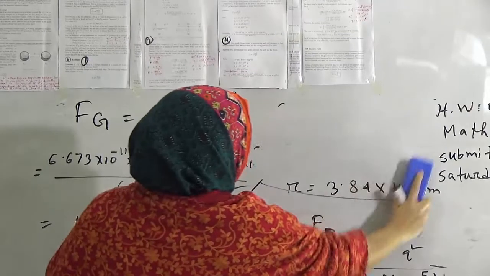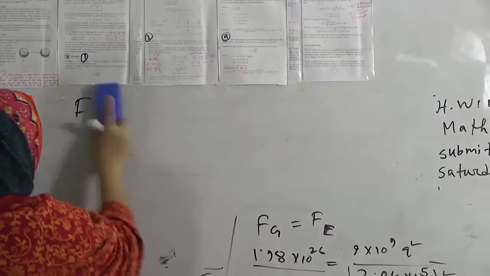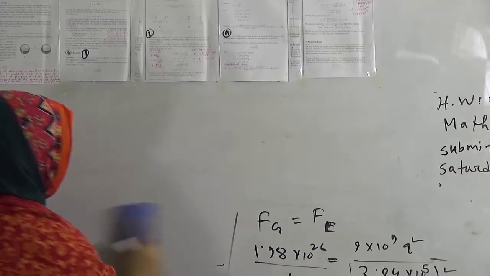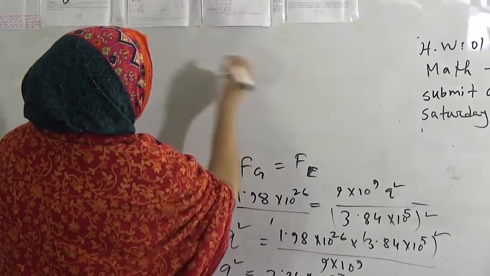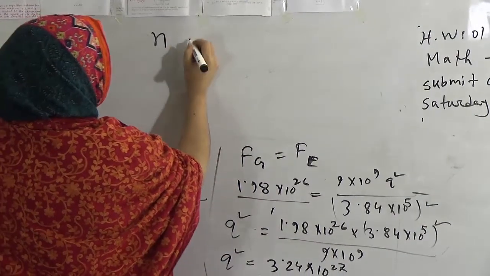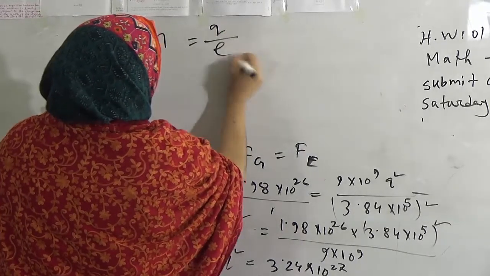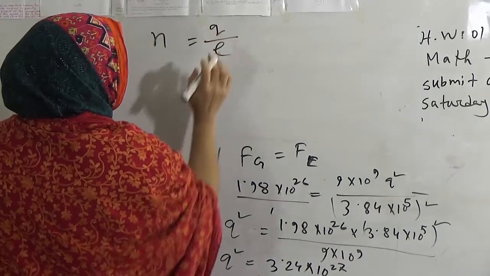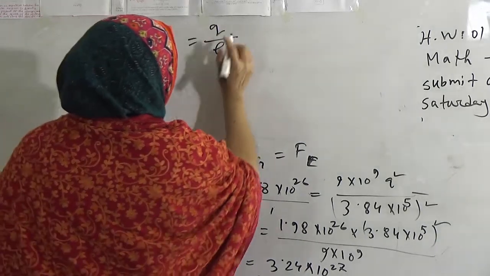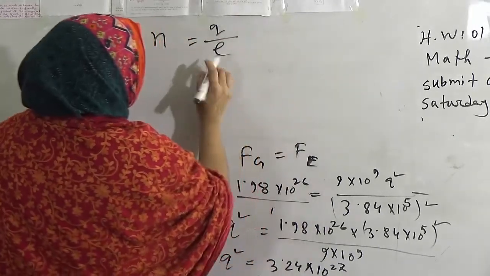Now here this is the charge, Q. So the number of electrons, we can write this formula N equals Q divided by E. This is the formula, N equals Q divided by E, where Q is the charge and E is the charge of the electron.